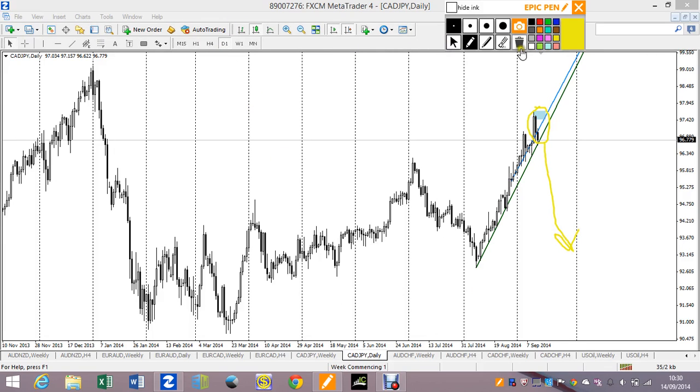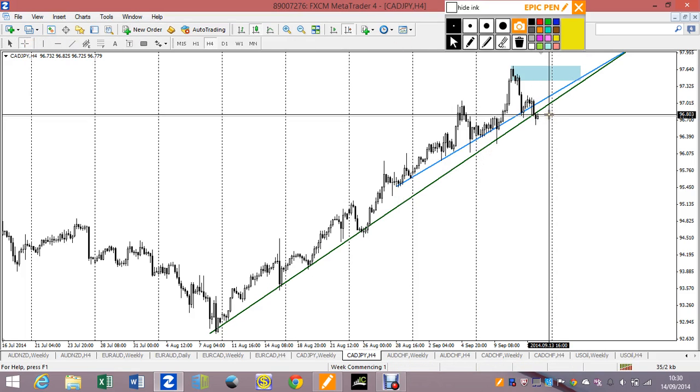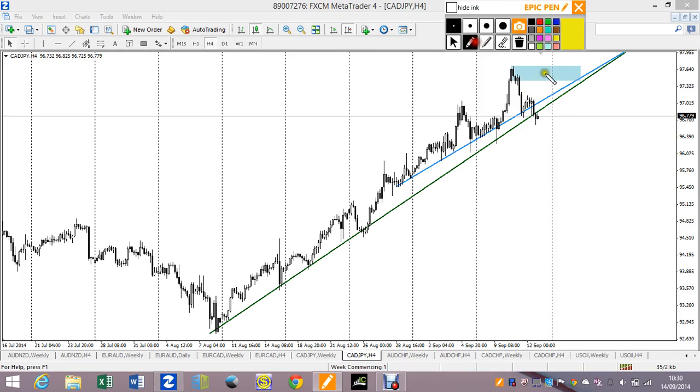If we look at the 4-hour, trend line there that is broken, I'd be tempted even just to enter this at Sunday open. 44 pip stop, 45 pip stop up there. The alternative would be that it goes all the way to the extreme before it reverses, in which case we might have a lower time frame trend line that we can trade the break of. That's what I'm looking at there.